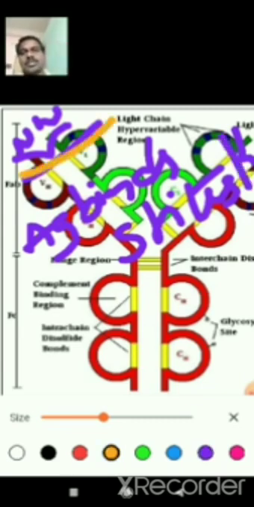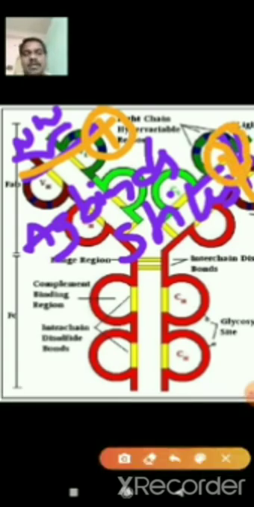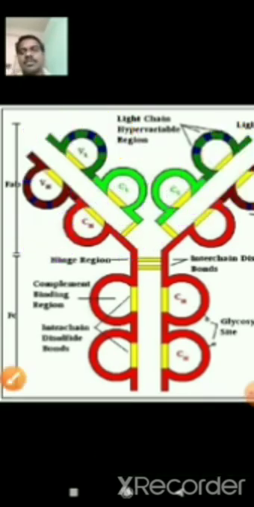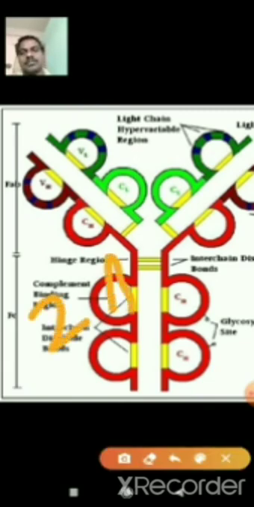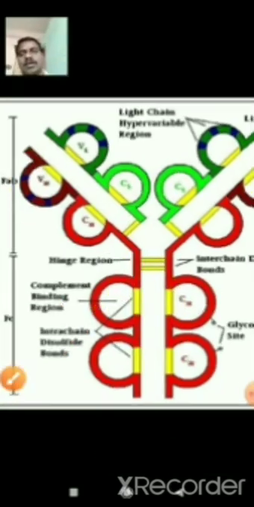There are two sites present here and here. This one N terminal is the first antigen binding site, and this one is the second antigen binding site. Means every antibody binds with two antigens only with the help of the N terminals, which we call the FAB portion.